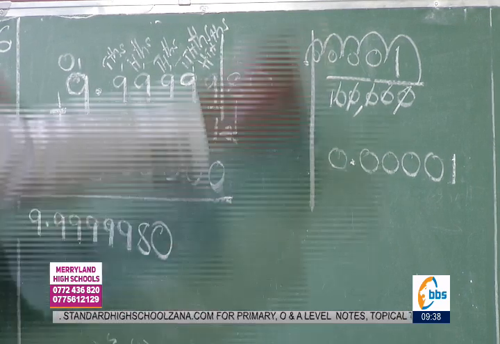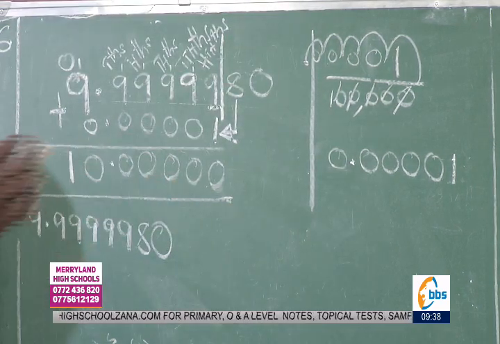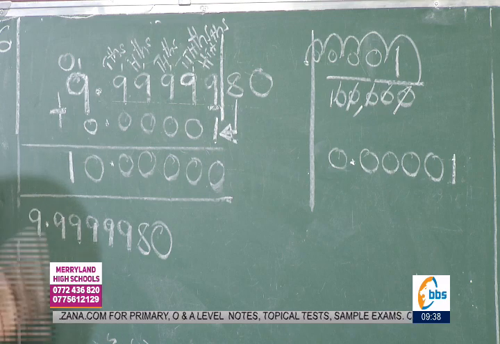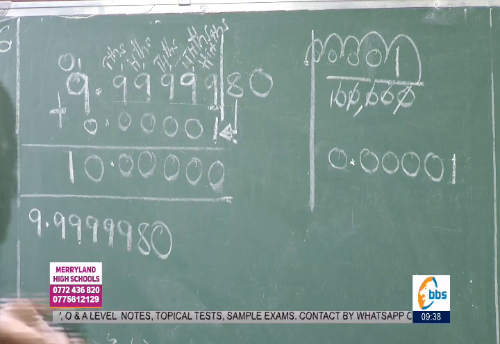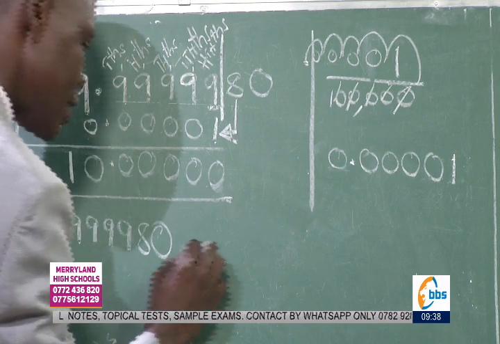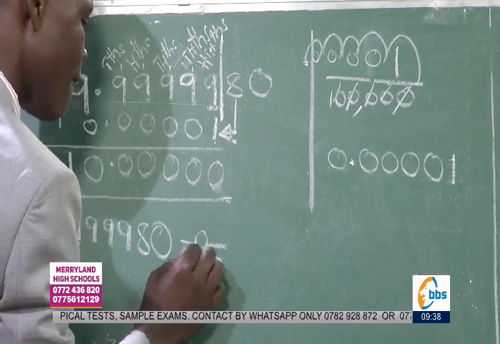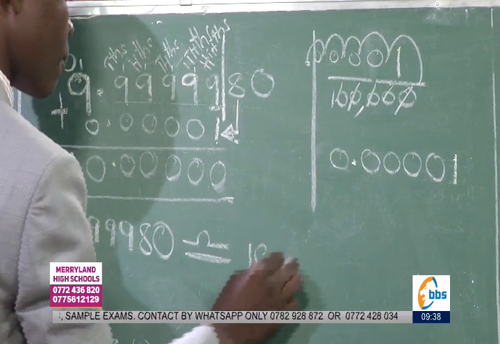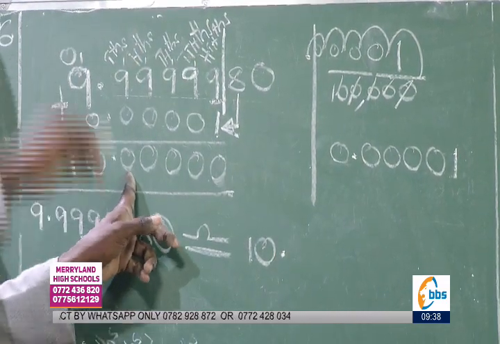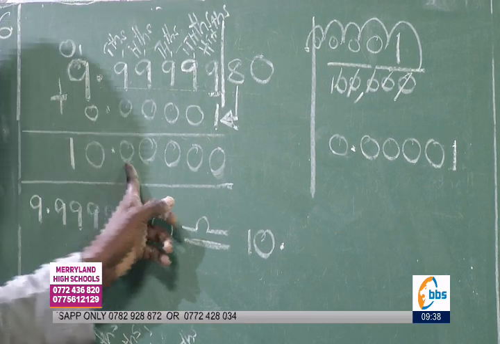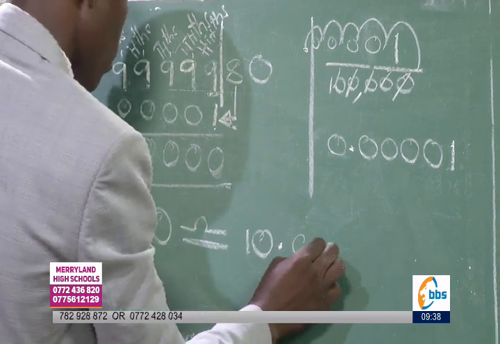I don't want you to interchange and say 10.00000 is approximately that. It will be wrong. This number you were given is approximately 10 point. There should be the number of decimal places which were required. 10.00000.